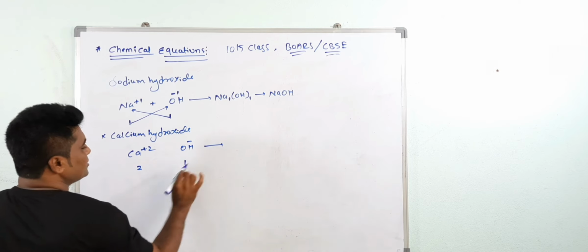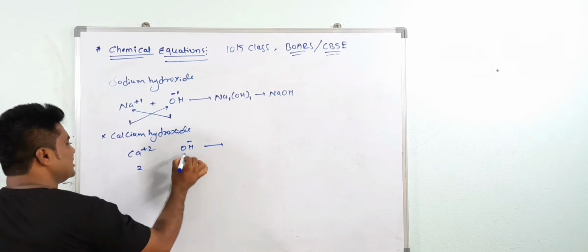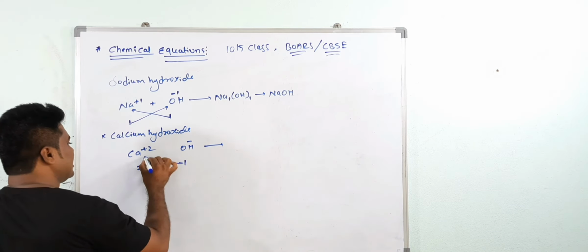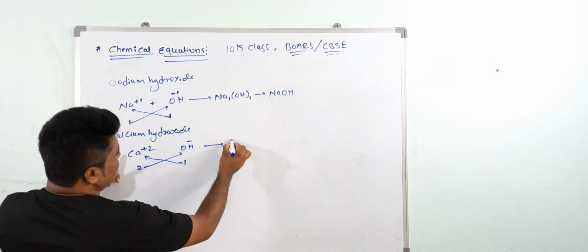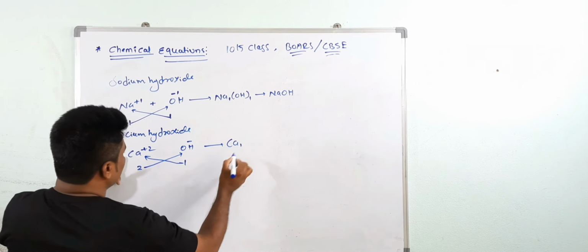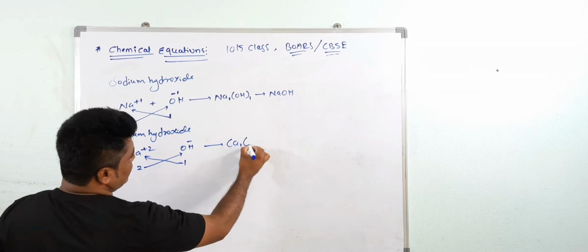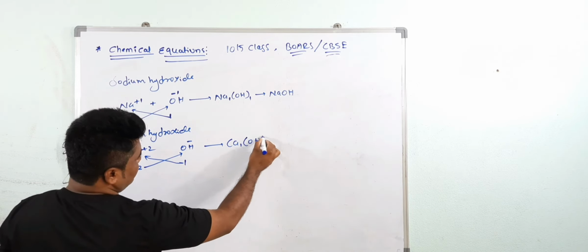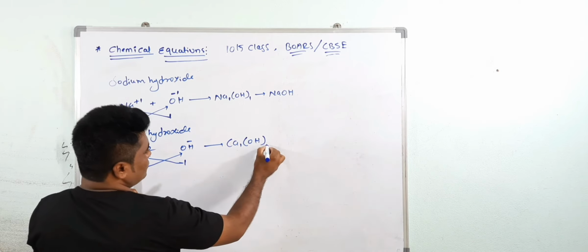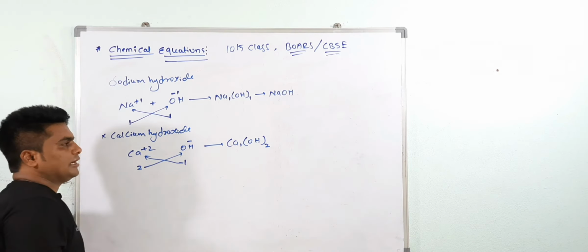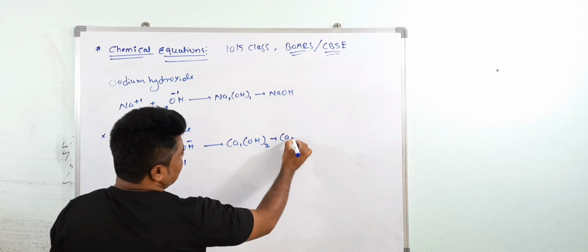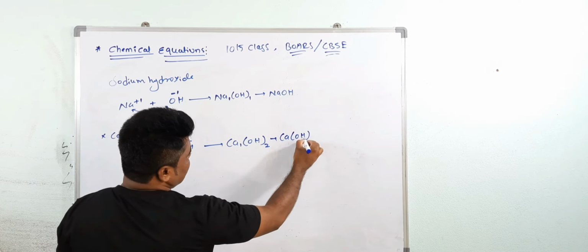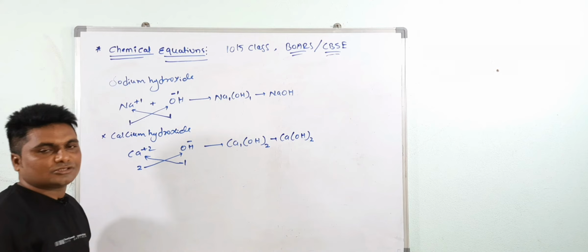So very simple: you write the valency of the anion under the cation and the valency of the cation under the anion. Here calcium Ca 1. OH is a group of atoms, so you have to take it in a bracket, and here it is 2. This is calcium hydroxide. You need not write the 1; directly write Ca(OH)2. This is calcium hydroxide.